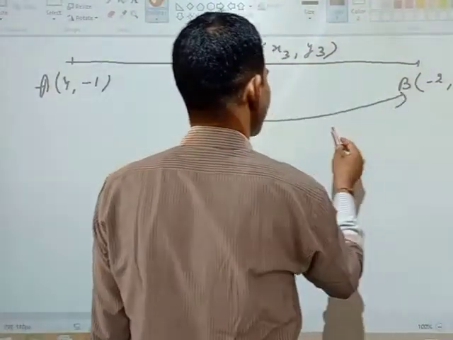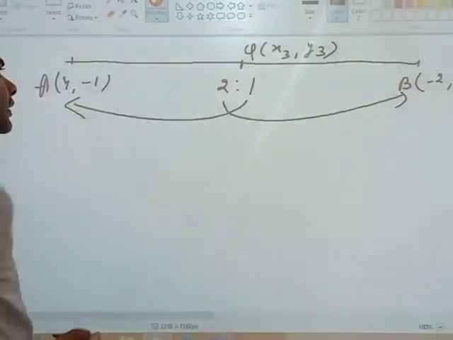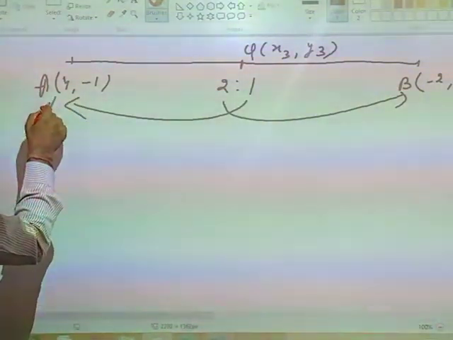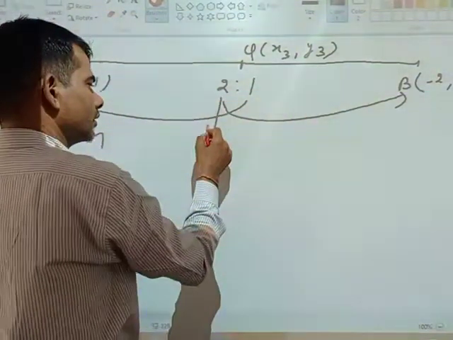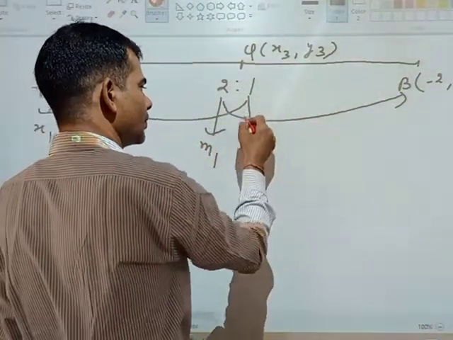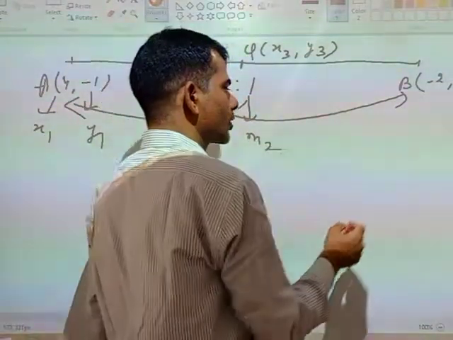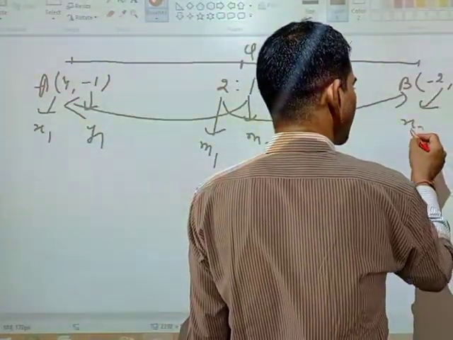That is this side and this becomes this side. It is your x1, y1, it is your m1, it is your m2, it is your x2, it is your y2.